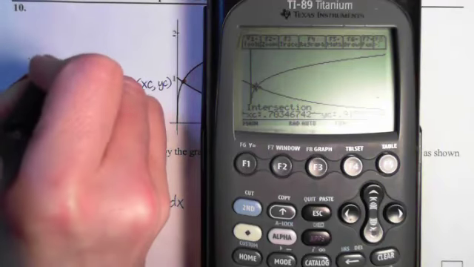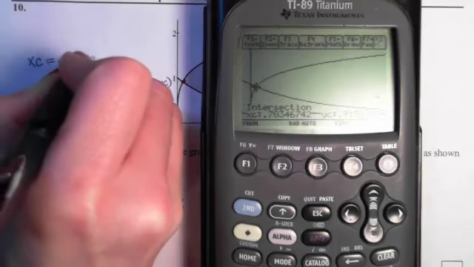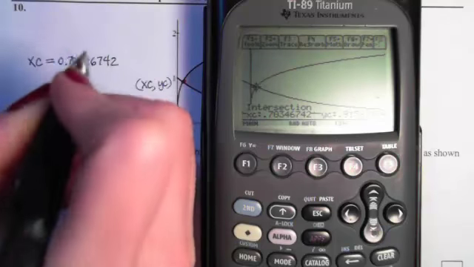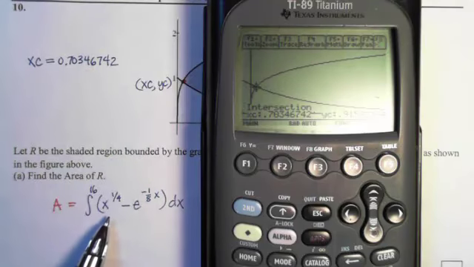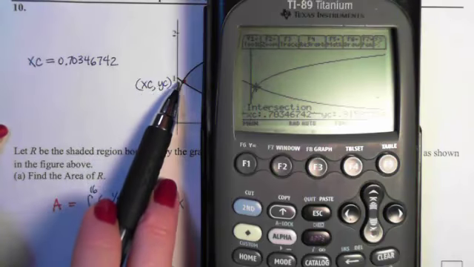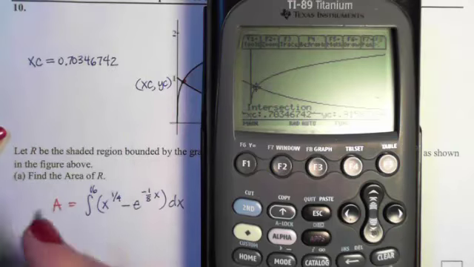I'm going to write down that xc, 0.703467742. Now remember, you cannot round that number and then use it in subsequent computations because it'll screw you up. By labeling this as xc, yc, and writing down what xc equals, we can now use xc in all of our setups and we'll get full points.